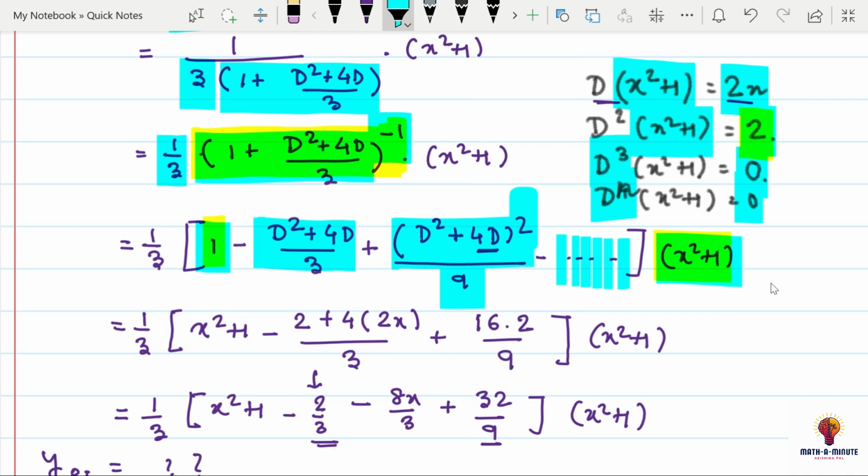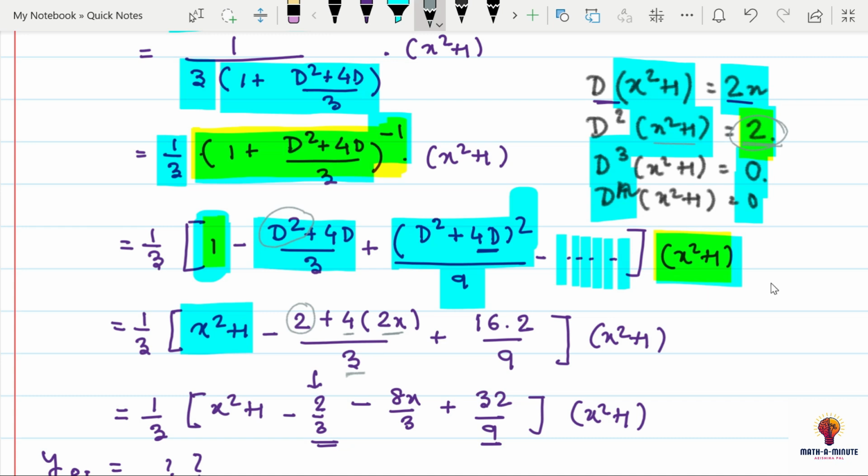Now if we multiply 1 with x square plus 1, it will be x square plus 1. And in place of D square, we can directly write 2, because we know that if we differentiate this twice, it will be 2. So we can directly put 2 here, plus 4 into the value of the first order derivative of the given function, which is 2x, divided by 3, plus.